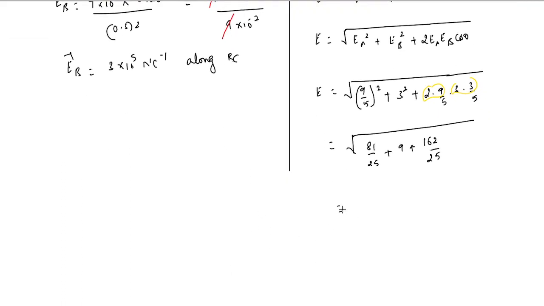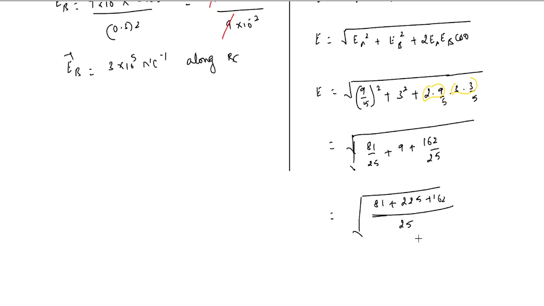Now if we take 25 as the common factor, it becomes 81 plus 25 into 9, which is 225, plus 162, the whole thing under root, by 25.